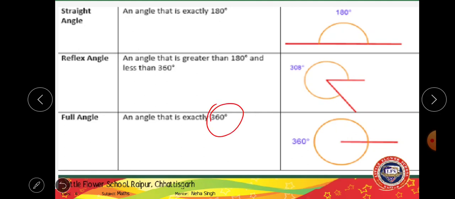This full angle is 360 degree, this complete one rotation. An angle which is greater than this 180 degree but less than the complete angle, it will be a reflex angle.